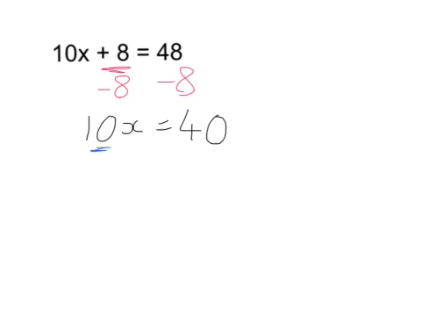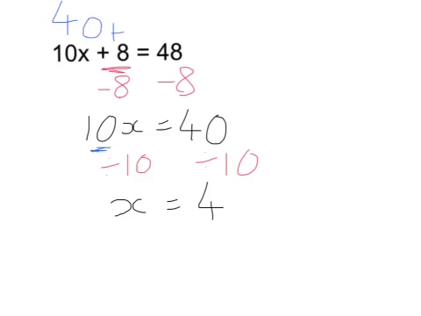Because it's a times 10, I'm going to need to divide both sides by 10. This will leave me with x equals 4. Let's go back to the original equation and check it. If x is 4, 10 times 4 is 40, plus 8 gives me 48. So I know it's correct.